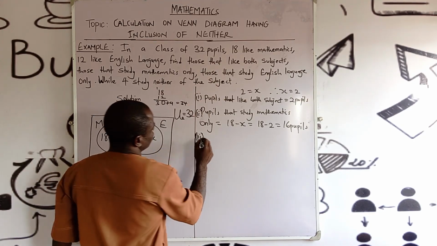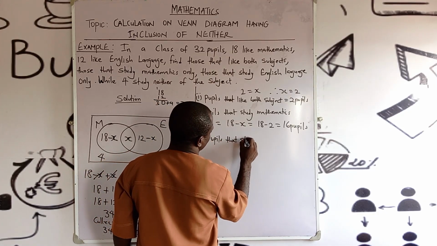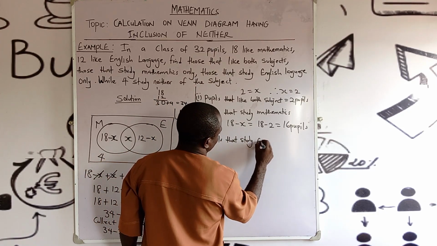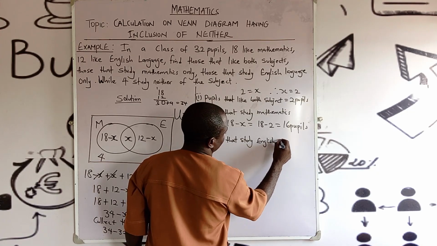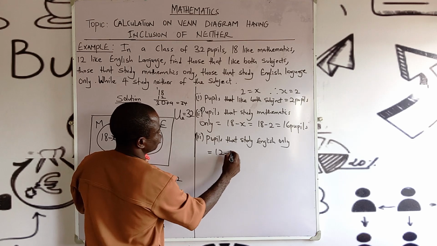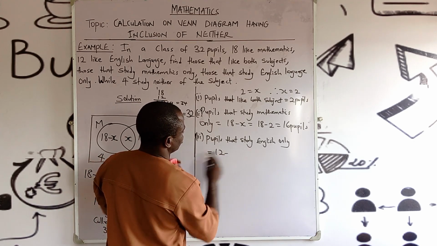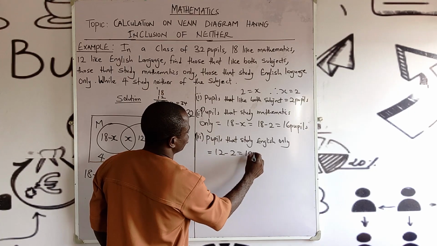Roman figure 3: those that study English only, 12 minus 2, which is 10 pupils.